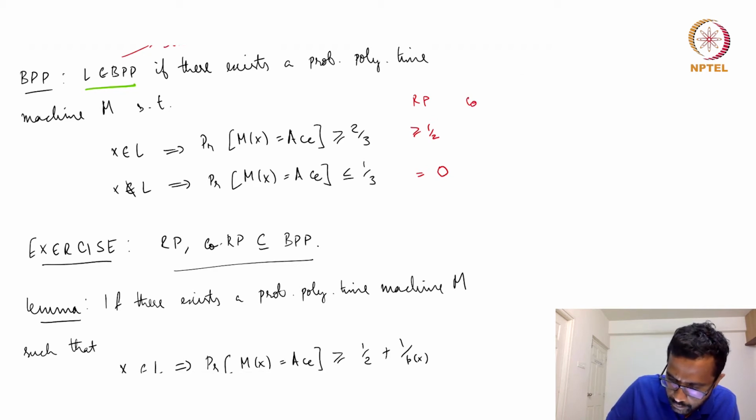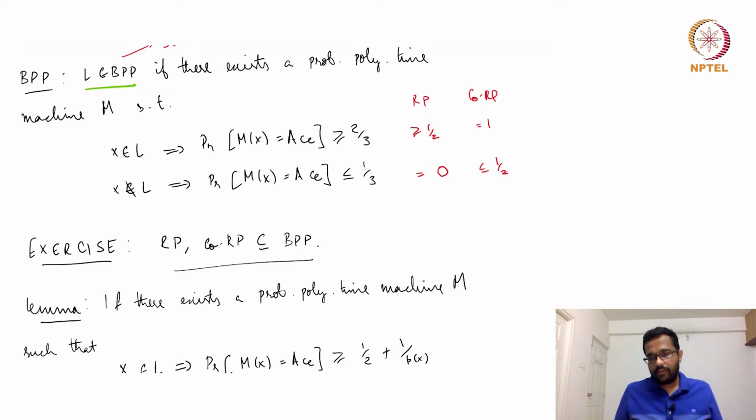If you had a co-RP machine, this was equal to 1 and this was at most half, right.